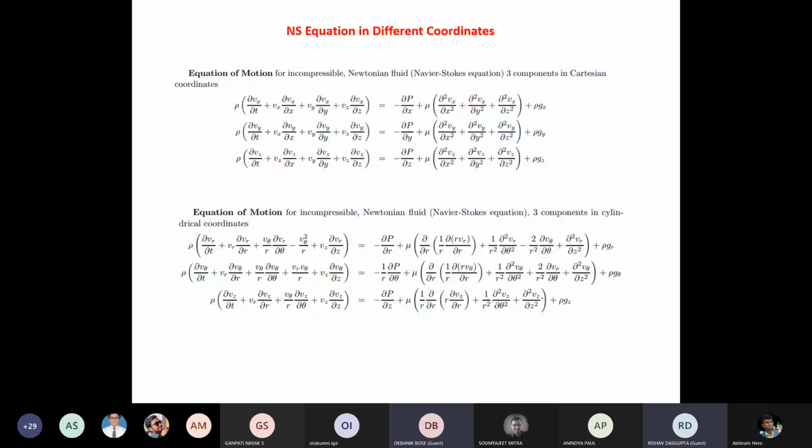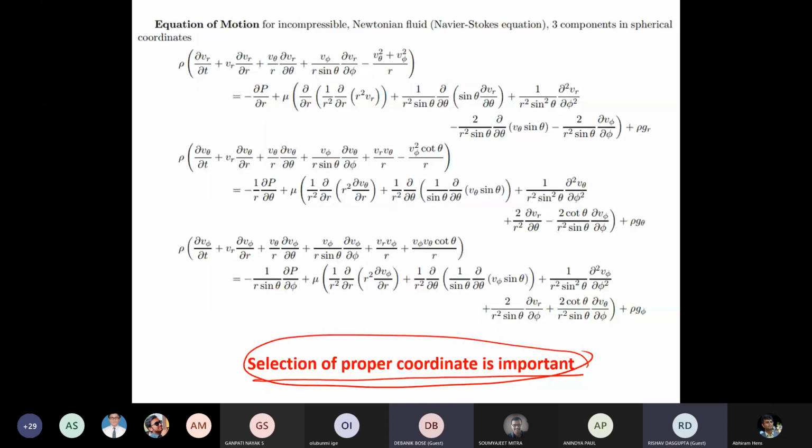If I ask you to solve a problem like this, that if you have a rectangular box like this and fluid is entering from one side, your default choice would be Cartesian coordinate, because Cartesian coordinate exactly maps this system. But if I tell you to solve a flow through a vertical pipe, okay, so that your liquid is coming from the bottom and being ejected from the top.